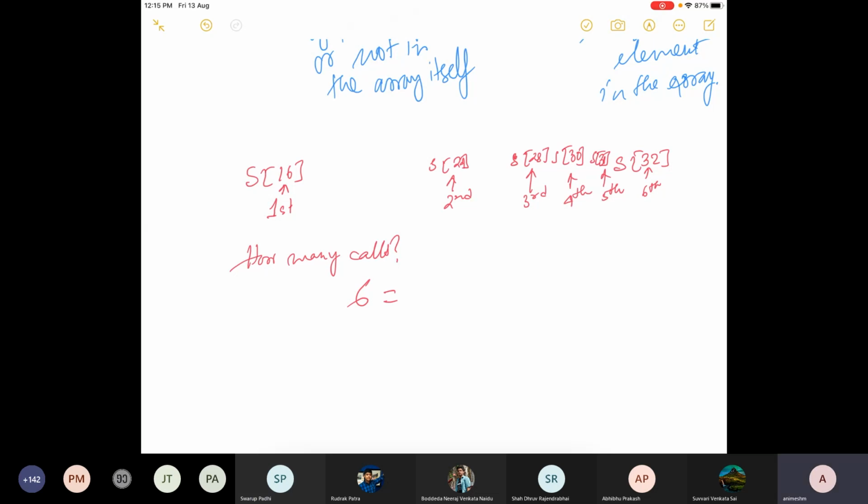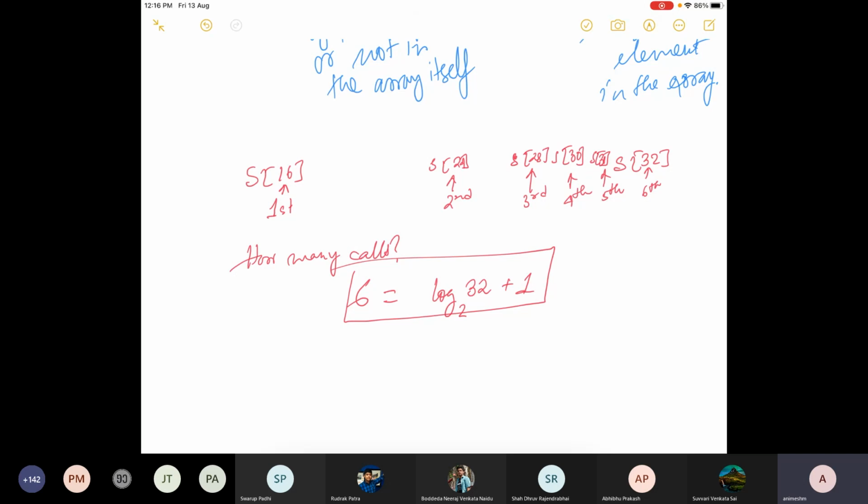So the number of calls is 6, which is logarithmic in the number of inputs, or the size of the array S. So it's roughly logarithmic.